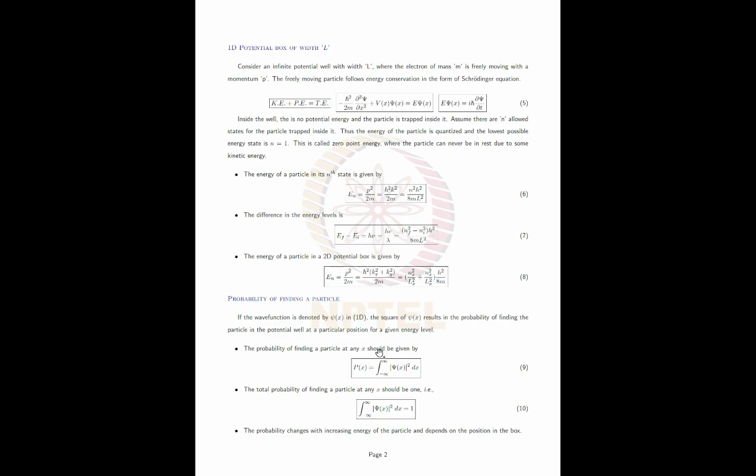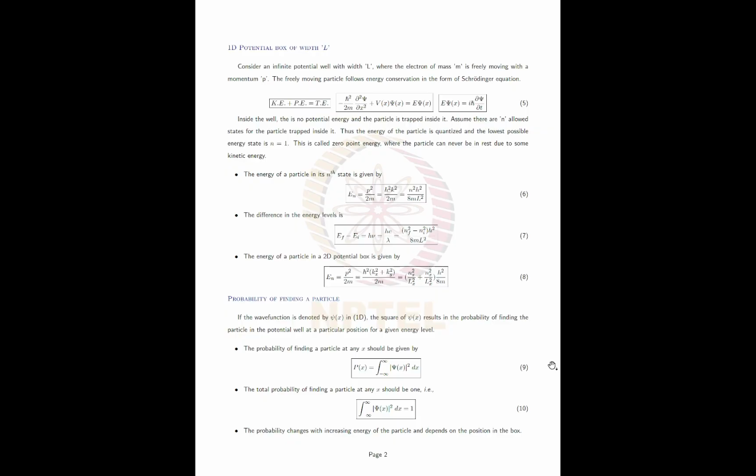So at a particular x, the probability will be P of x equals integration of mod of psi x square dx, and the total probability, if we consider all the points, when the probability is added up, it should be 1. That is the basic formula for probability. So basically if you sum over all values, then the total probability comes out to be 1.